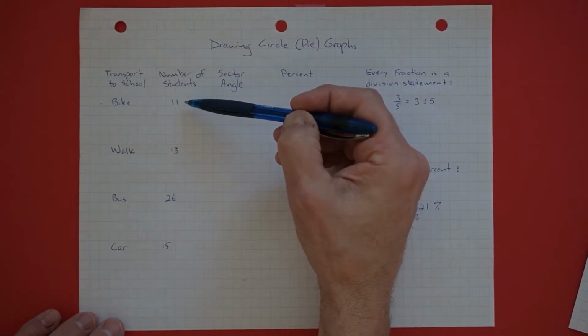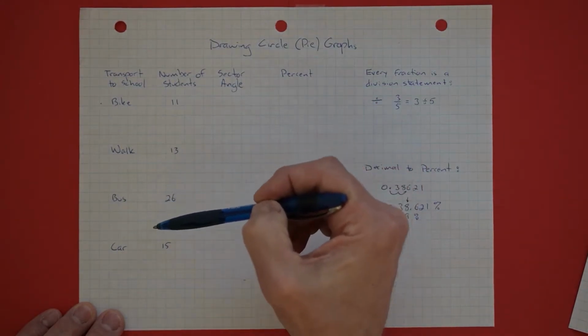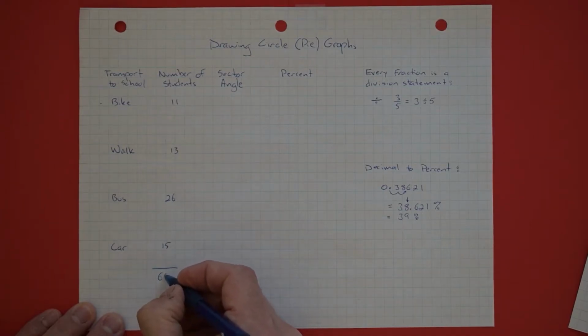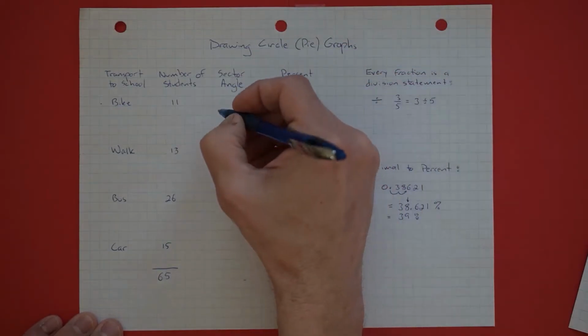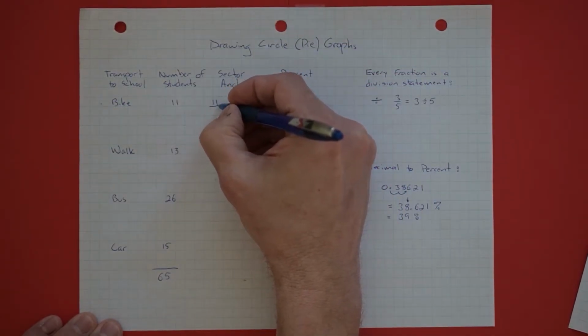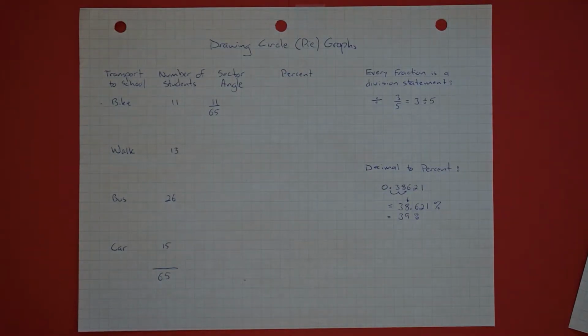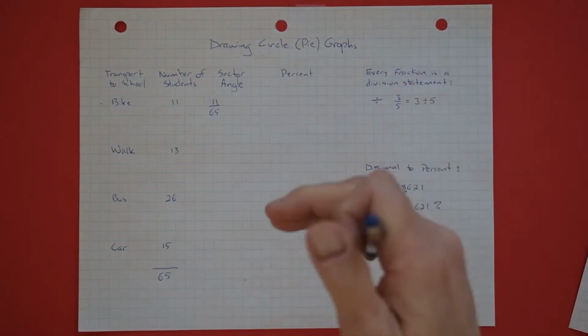And if we add all of these up, we have 11 plus 13 is 24, and then that's 50, and then 65. 65 is our total number of students. So the number that bike to school, represented as a fraction, would be 11 out of 65. Now recall how many degrees are in a complete circle.